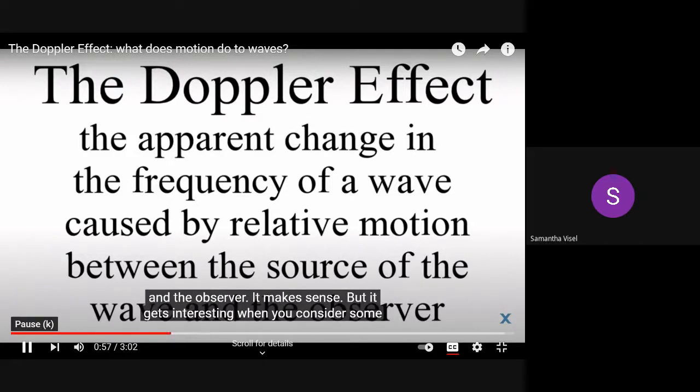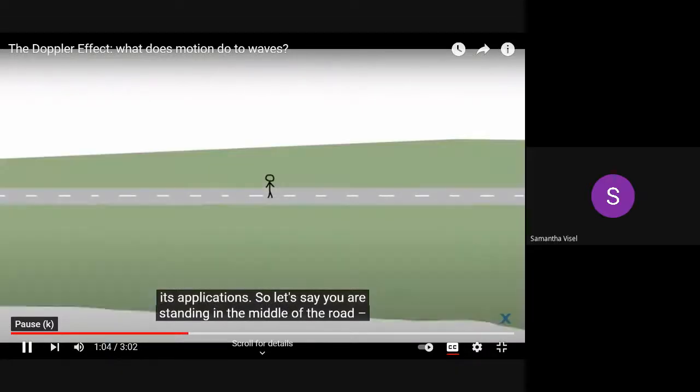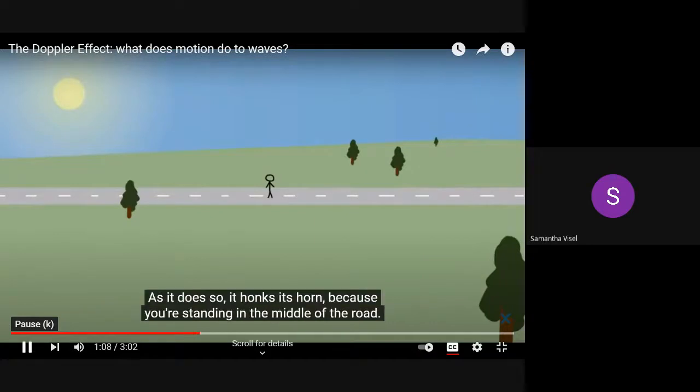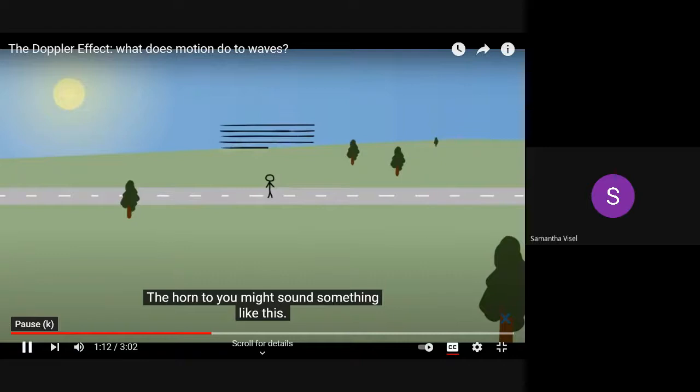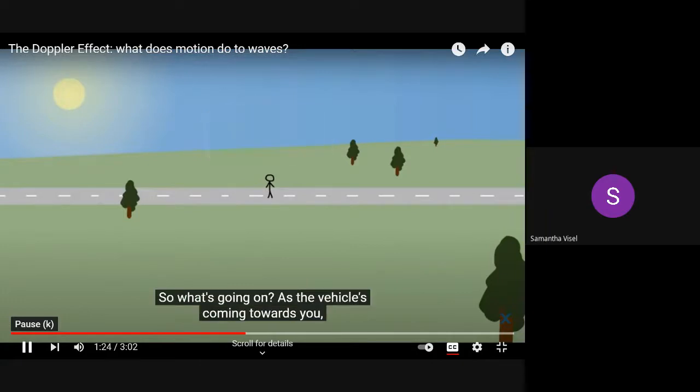It makes sense, but it gets interesting when you consider some of its applications. So let's say you are standing in the middle of a road. That's you, and a car drives past you very fast. As it does so, it honks its horn, because you're standing in the middle of the road. The horn to you might sound something like this. So it starts at a high pitch and moves to a lower pitch, even though from the driver's perspective, the horn is playing the same pitch the entire time. So what's going on?